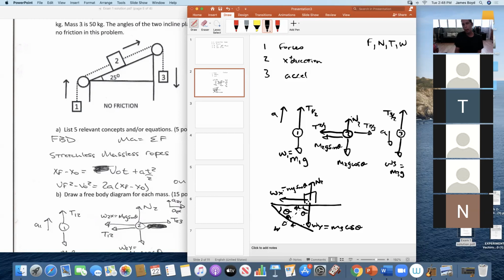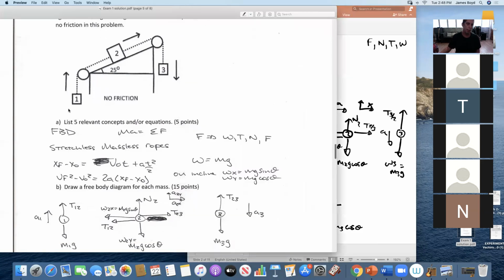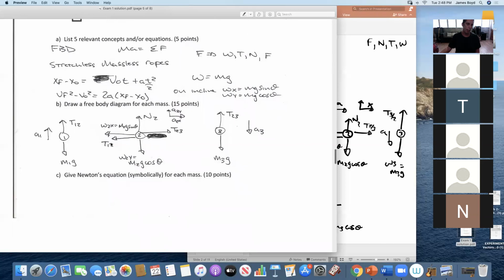Now, I make sure that I draw my X and Y. Which way is X? And I draw the acceleration or velocity vector. I want all of those things on your free body diagram, and you can see them here, that I've done that. Everything that's on here is what I want. Essentially, everything on here is worth a point.